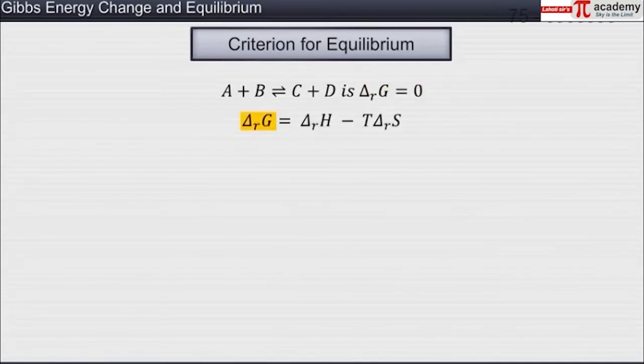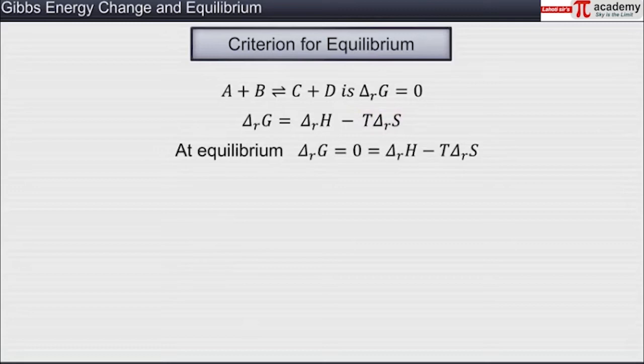Delta rG is the Gibbs energy change for the reaction and is equal to the difference in the enthalpy change of reaction, delta rH, and the product of temperature T and entropy change of reaction, delta rS. At equilibrium, delta rG equals 0, which means that at equilibrium, delta rH equals T delta rS.